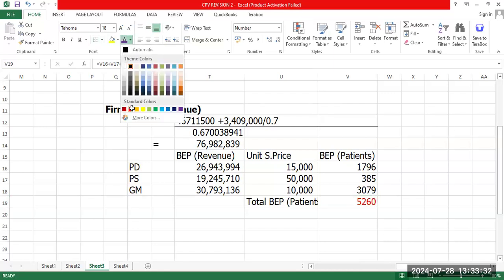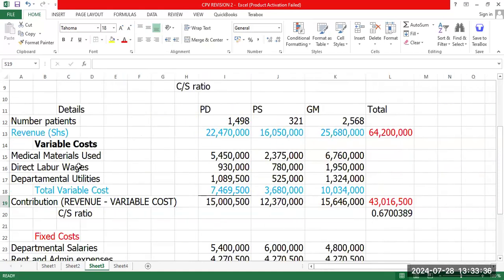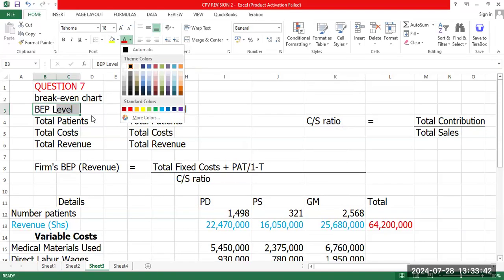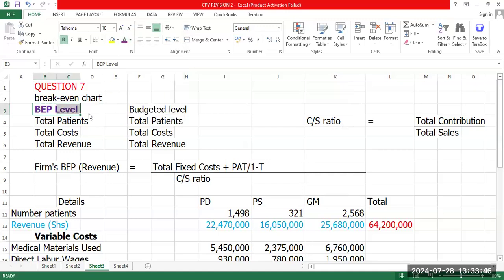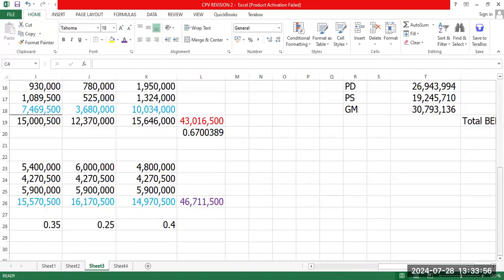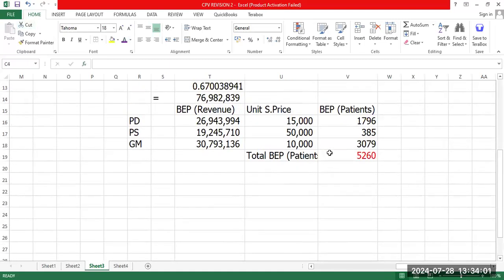Okay. So we have handled part of this. You see this question, colleagues, it is easy, but time, you need to really be fast. You have the total break-even point in terms of patients, the one we have just calculated.